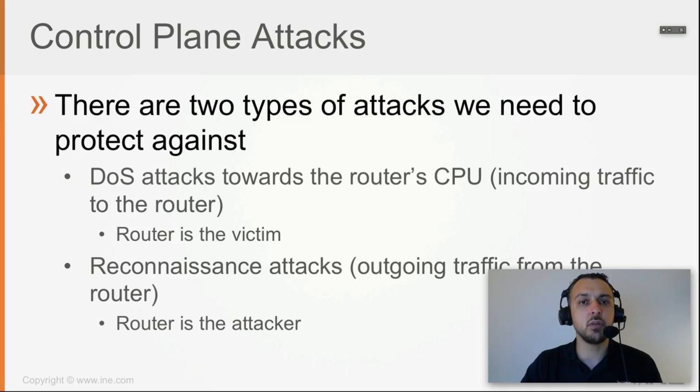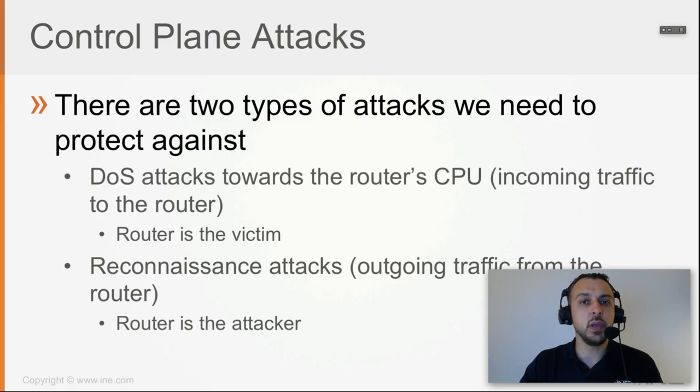If the router CPU goes to 80-90% or even more than that, that means that the router doesn't have enough time left, doesn't have enough resources left to take care of the actual control plane packets which allow the router to function, which allows the data plane to work.